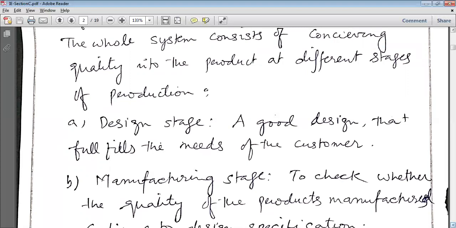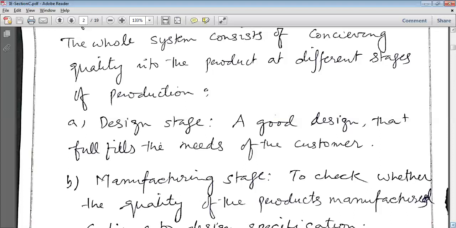For what type of design we are producing the part is very important. So the design stage is very important, and a good quality component or part is basically conceived at the design stage only. So a good design fulfills the need of the customer.